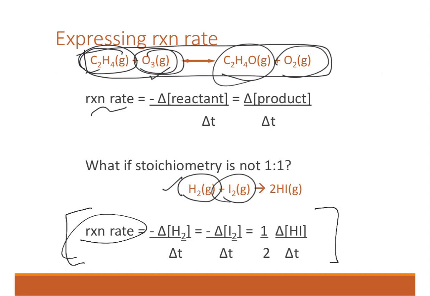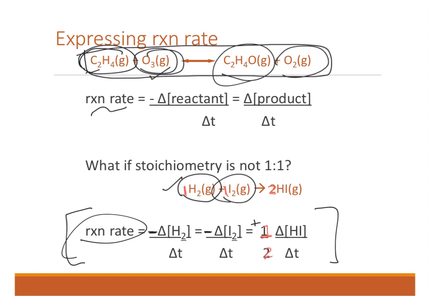Notice that the reactants have a minus sign in front of them because the concentrations are decreasing, and products have a positive sign. What you have to pay closer attention to is that whatever the coefficient in the balanced reaction is, it becomes 1 over the coefficient in the rate expression.